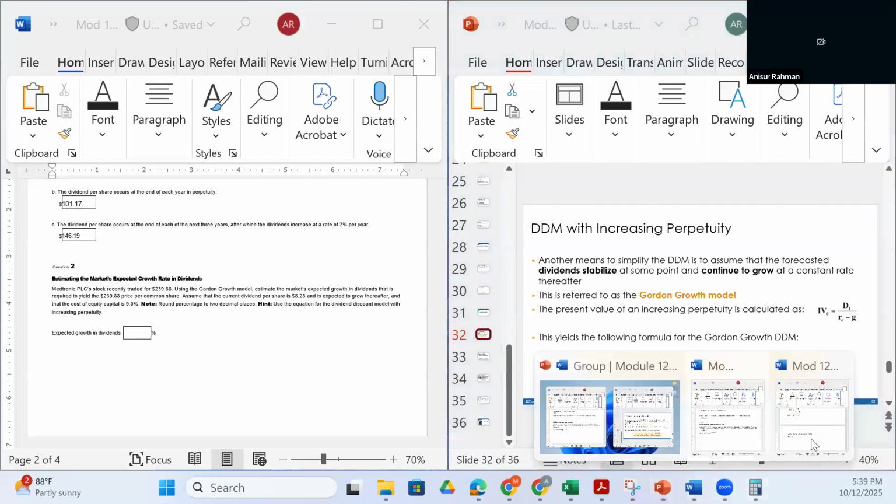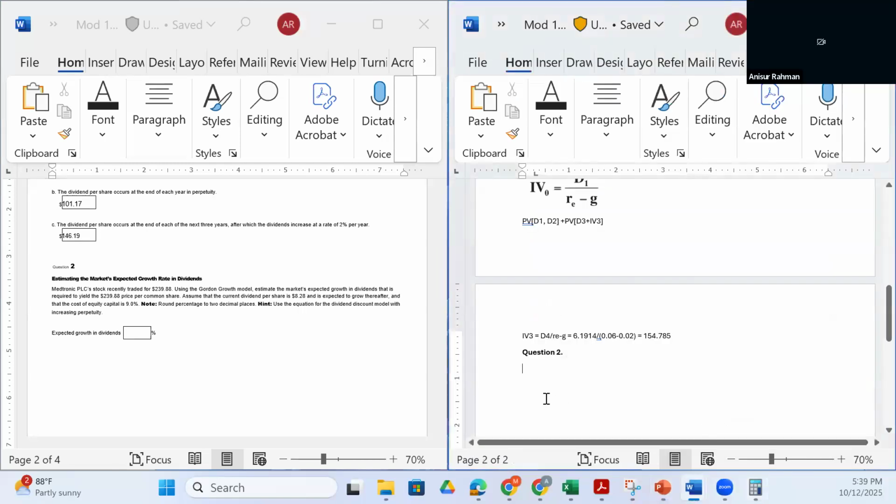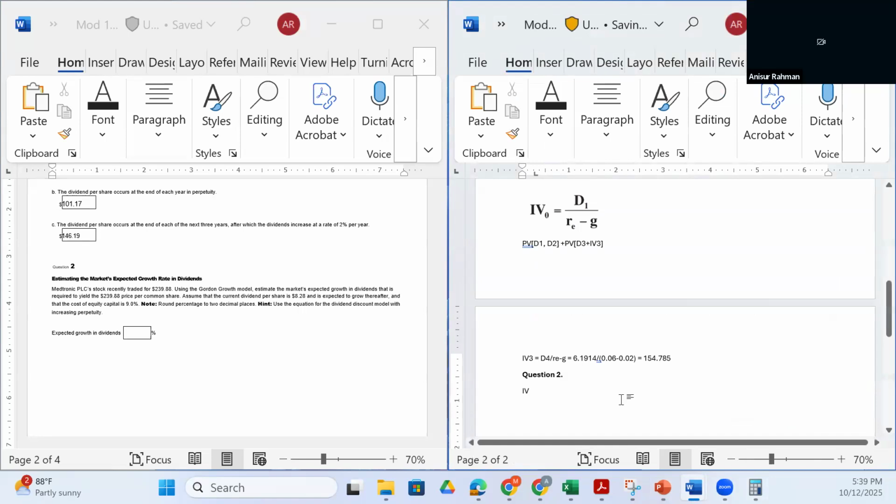So I'll write down this formula. So our IV0 is equal to D1 divided by RE minus G. Now, what we are saying, we have a market price, P0, instead of intrinsic value. And then we have dividends.